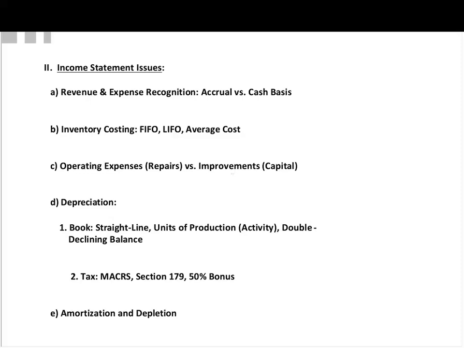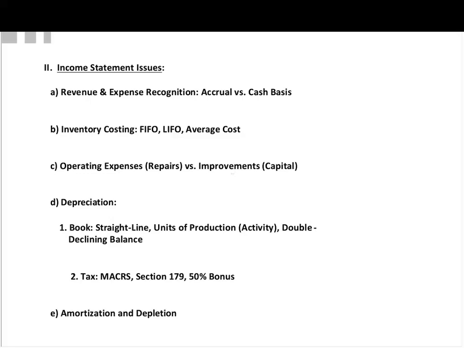With the new tax update, known as the TCJA, the Tax Cuts and Jobs Act, signed into law December 22nd of 2017 by President Trump, Section 179 is now $1 million. It's not 510. It's $1 million.